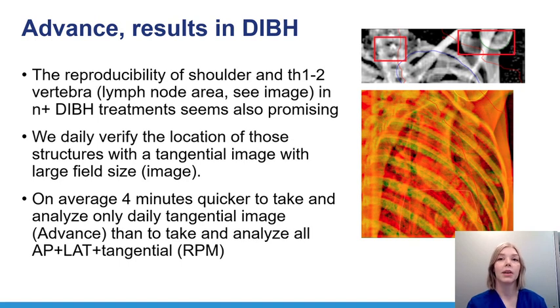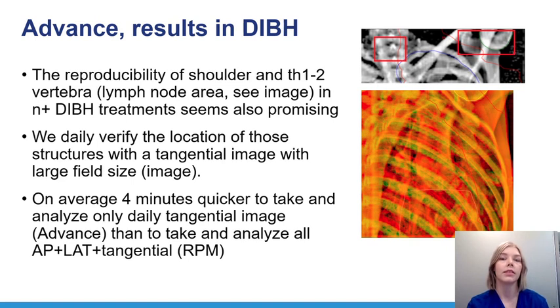In N+ DIBH treatments, it seems also promising if systematic errors are corrected during the first fractions and new reference surfaces for the setup are acquired when needed. This allows us to verify the position of those structures with a large tangential KV image, as you can see in this green and red image. This saves time and radiation dose.